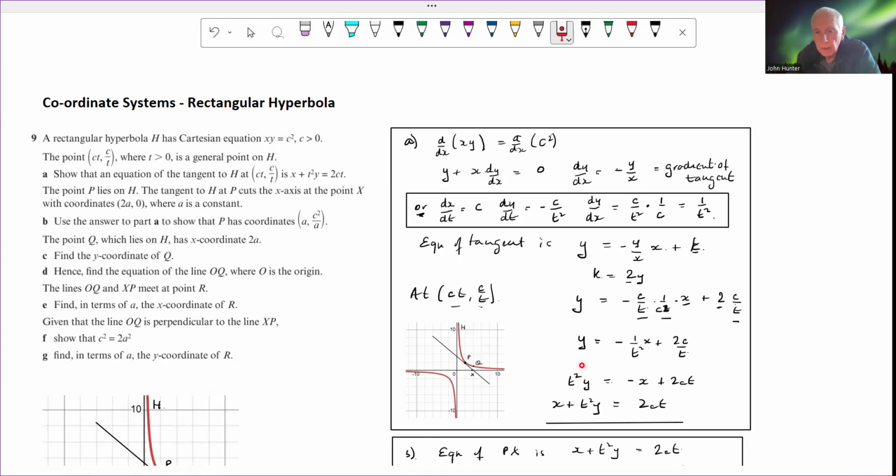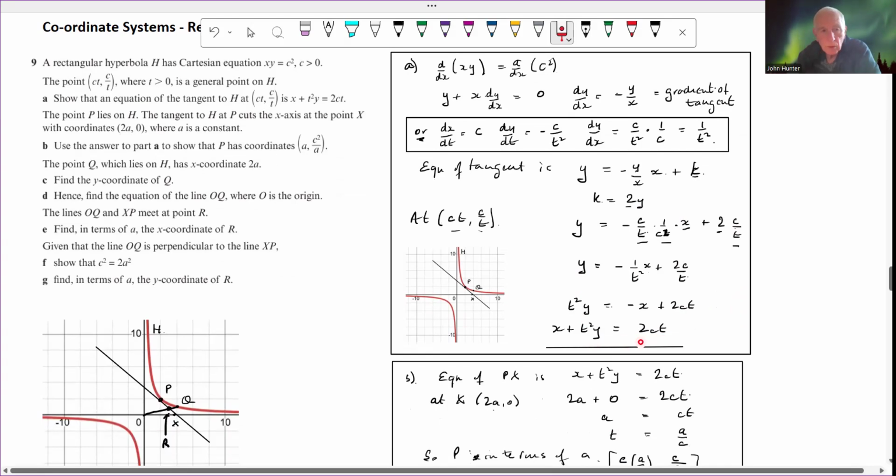So that's going to give us this, which then gives us the required result.